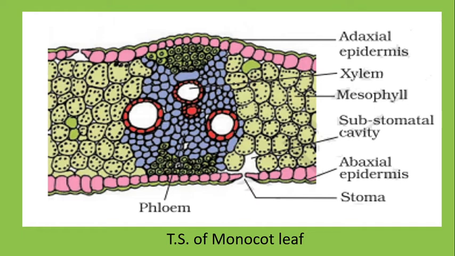Dicot is hypostomatic, and if we look at monocot, it shows the amphistomatic condition, that means an equal number of stomata is distributed on the upper epidermis as well as the lower epidermis. The upper epidermis has as many stomata as the lower epidermis, equally distributed.